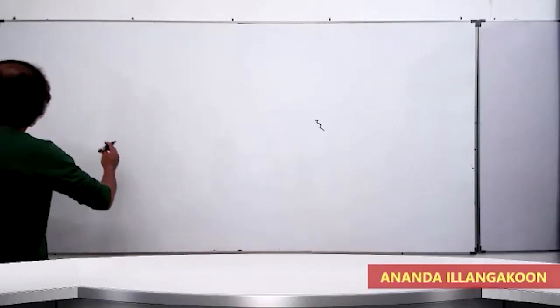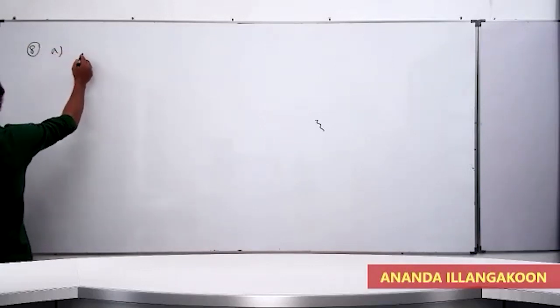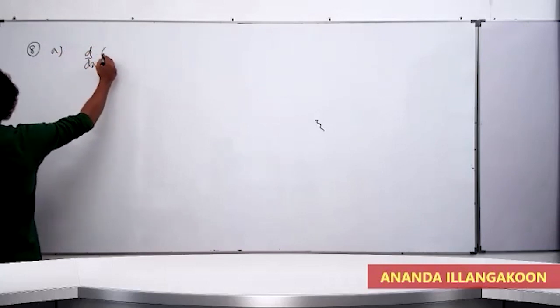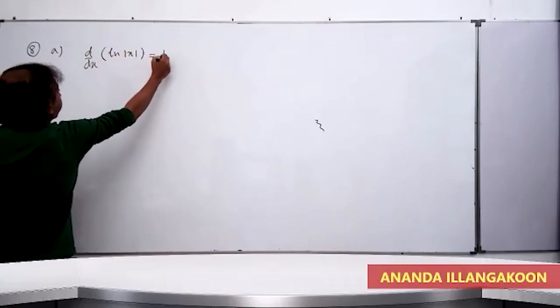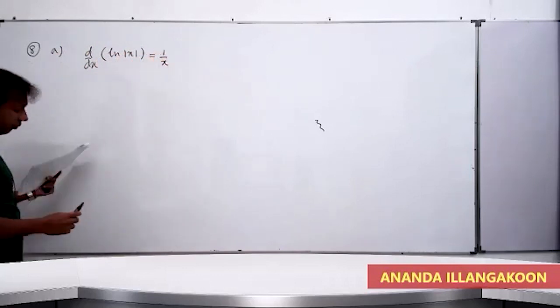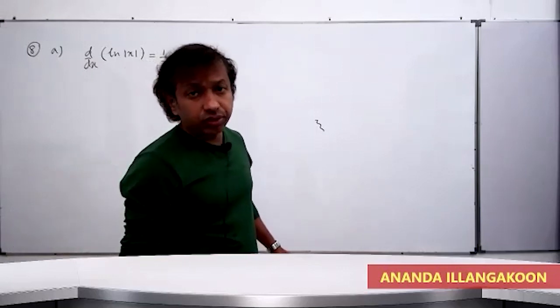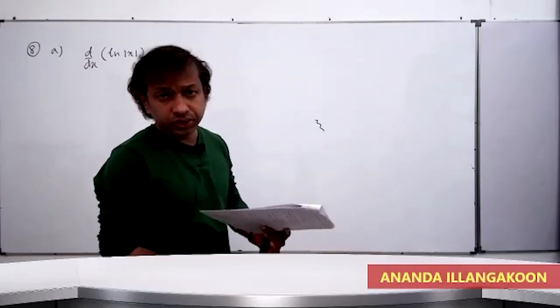come to this. Question number 8, it says part A, d upon dx of ln x is 1 upon x. So this we did under the theory part, people, so therefore we are not going to do this again.